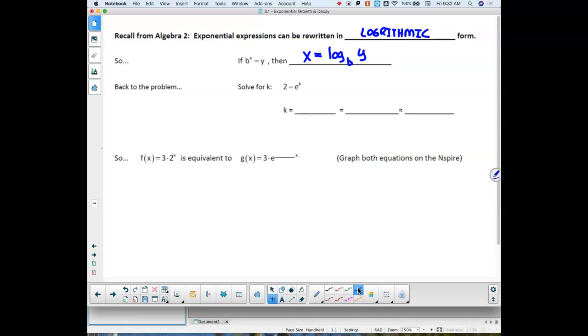Math is its own little language. Okay? And math's language has certain ways that we say things. Okay?